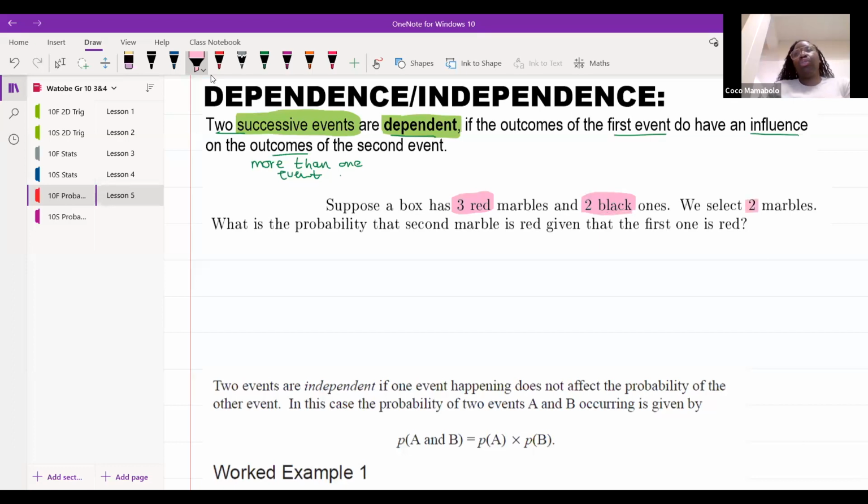We select 2 marbles. So before we even go there, let's think about the probabilities of event 1. What is the probability that we would pull out a red marble? What's the probability of a red marble, peeps? How many red marbles do we have, guys?